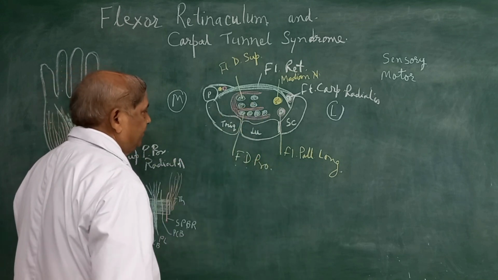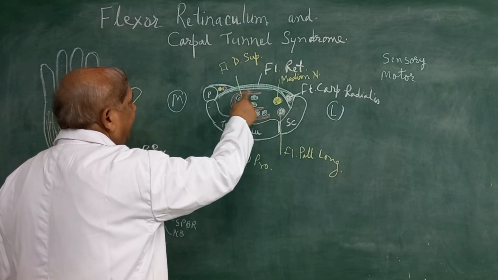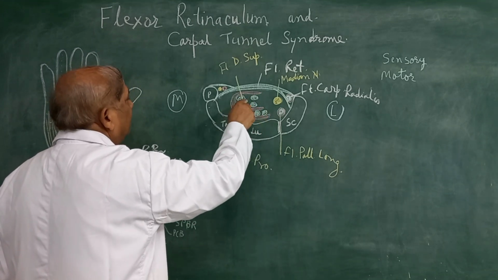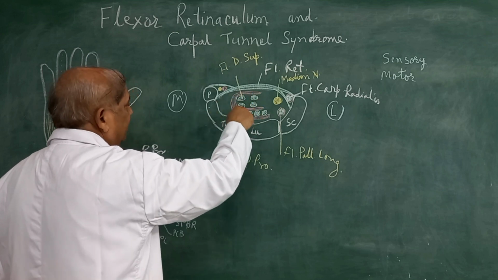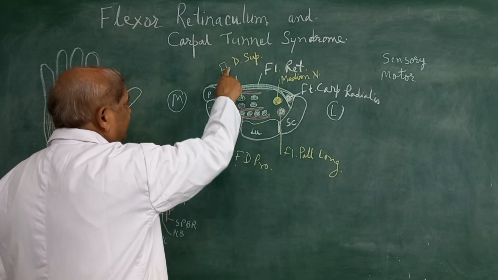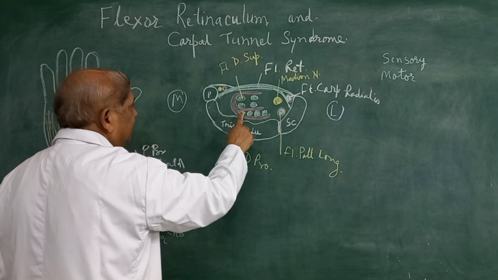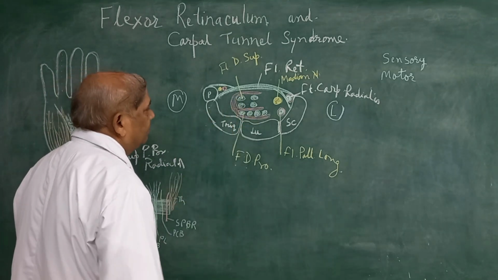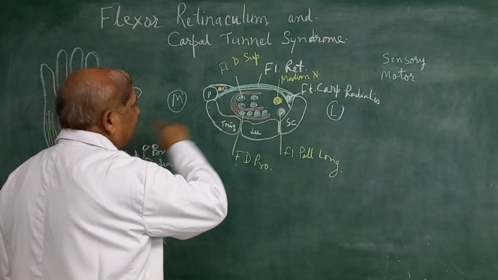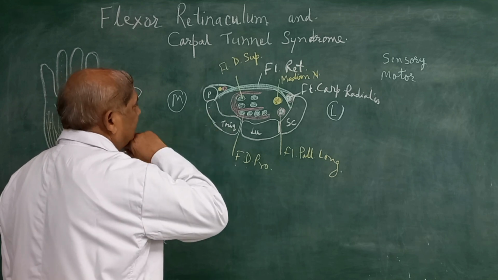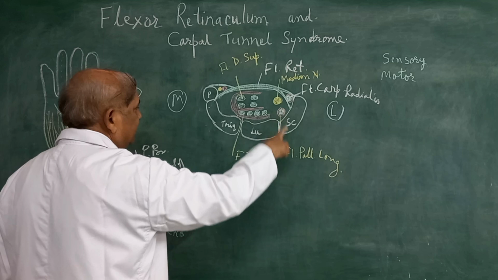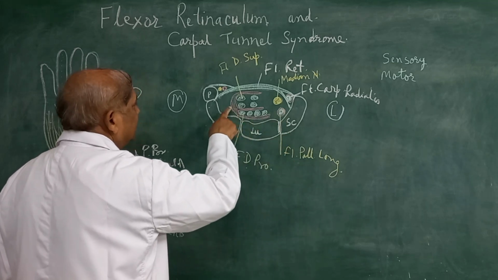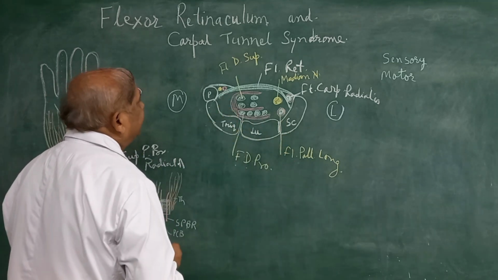All these eight tendons are covered by a synovial sheath, which forms a common synovial sheath for flexor digitorum superficialis and flexor digitorum profundus. Sometimes this sheath is called the ulnar bursa, because the other was called the radial bursa for flexor pollicis longus.